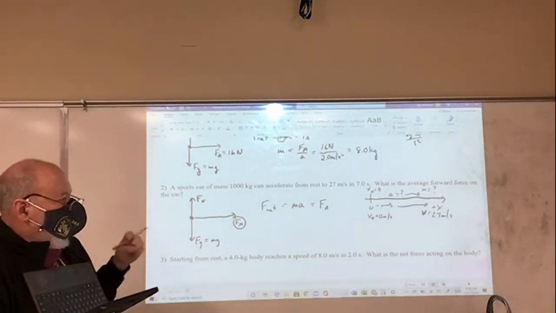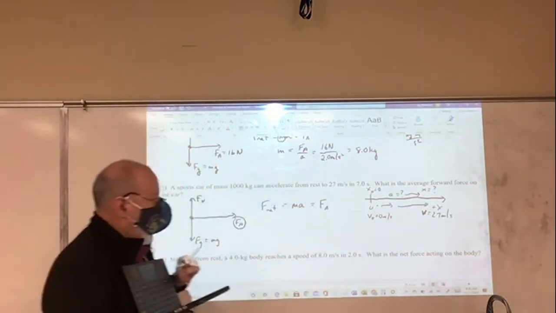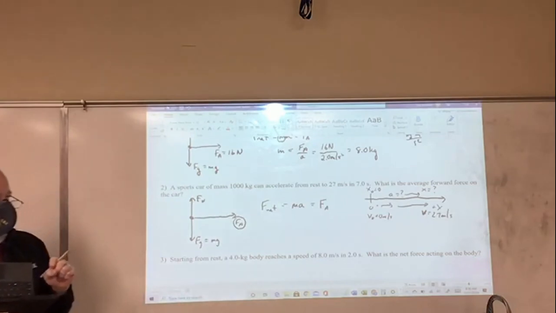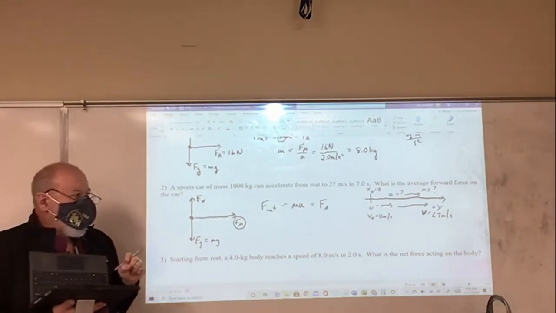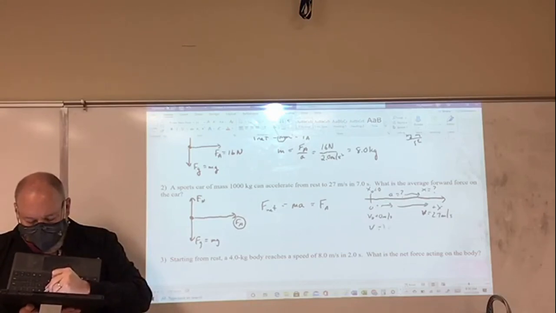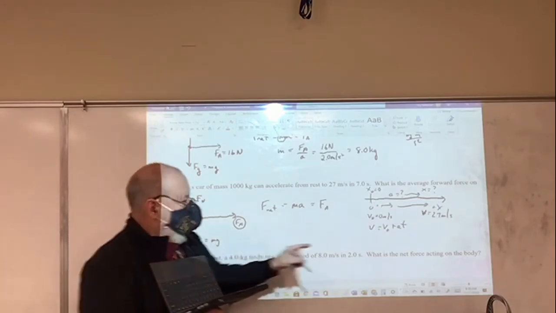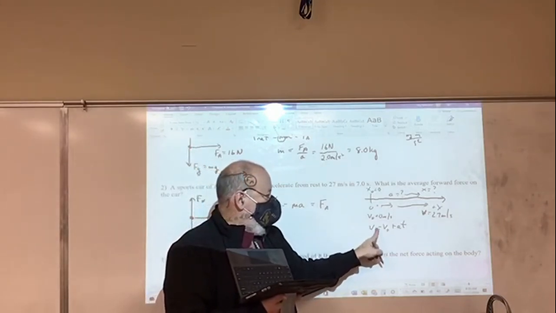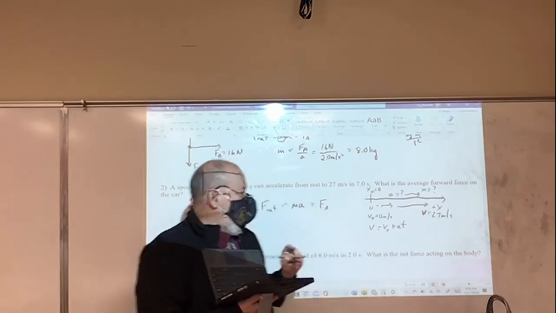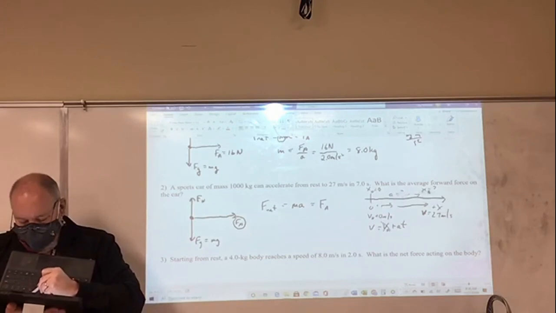And then I check to see if I have a final velocity. If I have a final velocity, then I know that I can use one of the formulas that has both velocities in it. And in this case, I know that v equals v0 plus acceleration times time. I have v and I have v0 and I have time, so I can find acceleration.